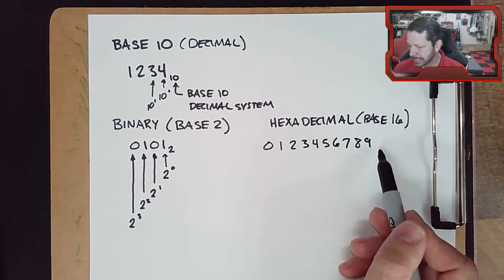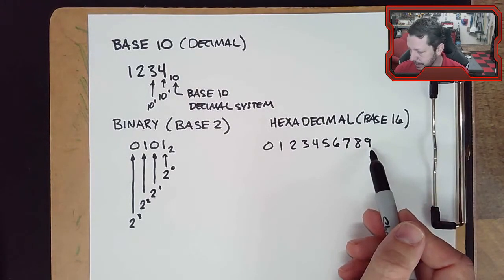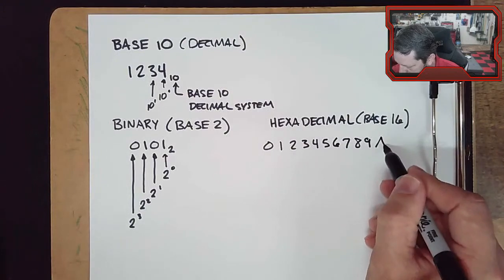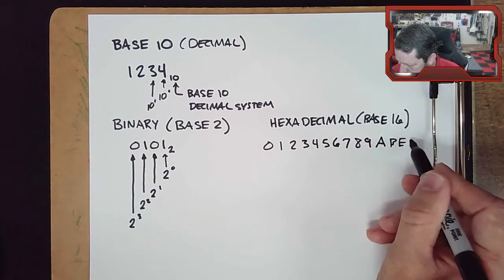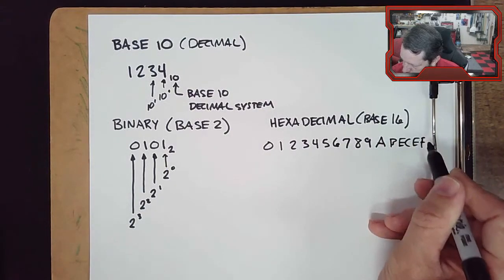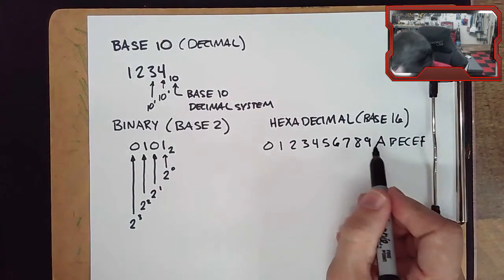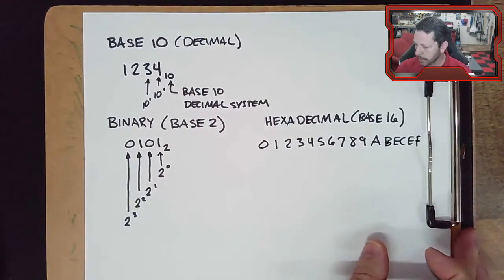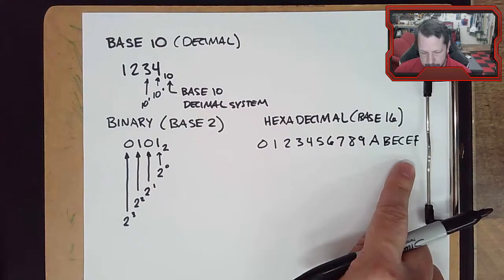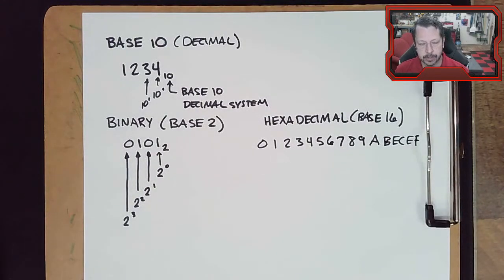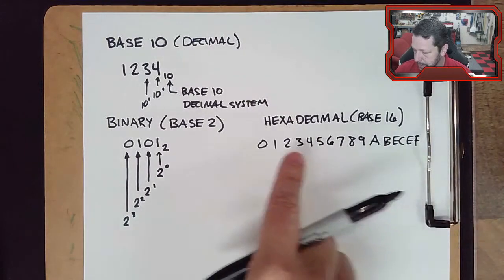And then it doesn't use 10 for the next spot. It uses A, and then B, C, D, E, and F. So there are 16 different values that can be in each spot.